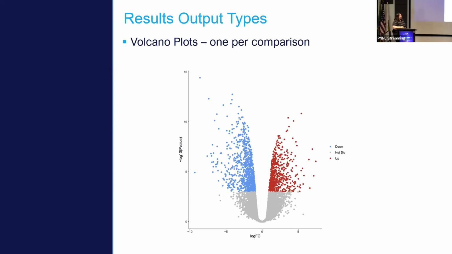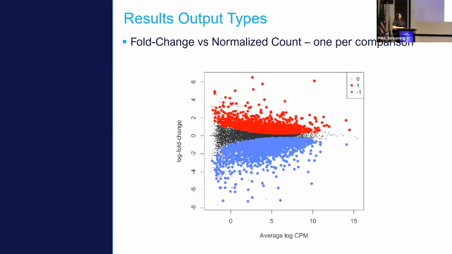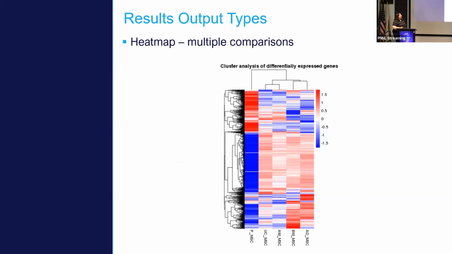Not helpful. Or they'll try to make a plot like this, which is the average log counts per million and the log fold change. Again, as soon as you get lots of transcripts, I don't really know what you do with this. That's when you go and talk to Jason, who's going to talk next, and tell you what to do with this. And people will often try to make heat maps as well.